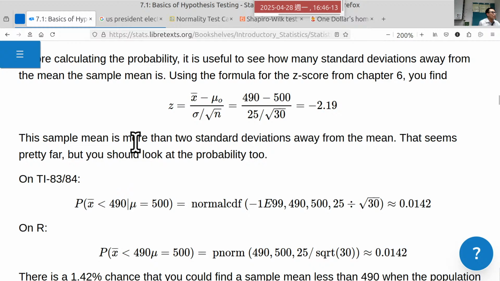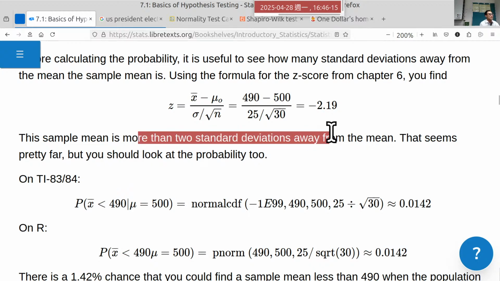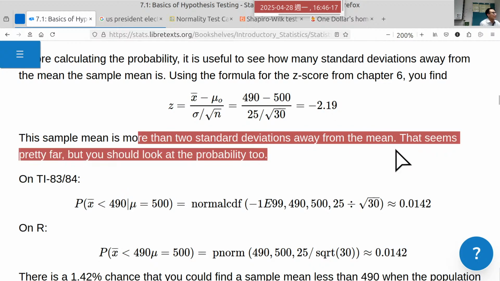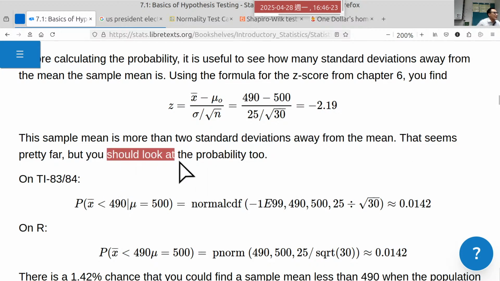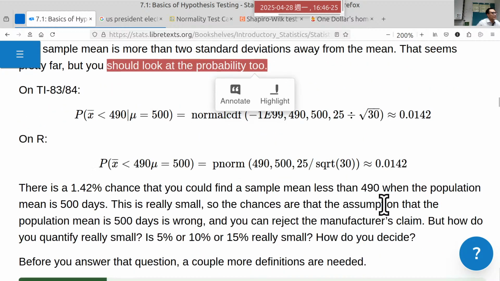This sample mean is more than 2 standard deviations away from the mean. It is pretty far, and you should look at the probability too. The probability is close to 0.0142. What does it mean? The probability is less than 2%, only 1.4%.